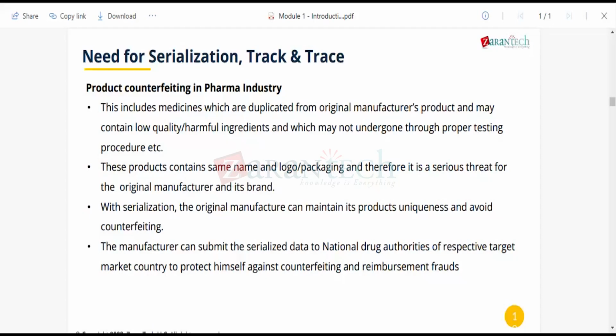Like if the product is sold to India, they are supposed to inform the Indian regulatory body that these are my products and I am responsible only for these products. If something happens other than this, I will not be responsible. In this way, patient safety is ensured, and manufacturing organizations can also save themselves from product counterfeiting.